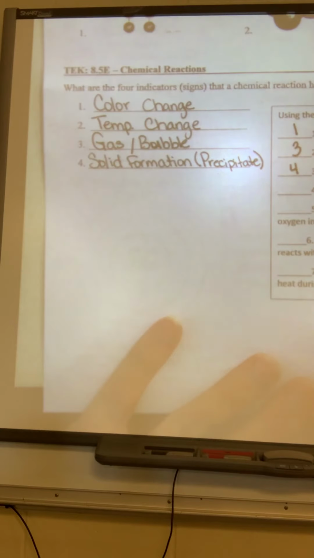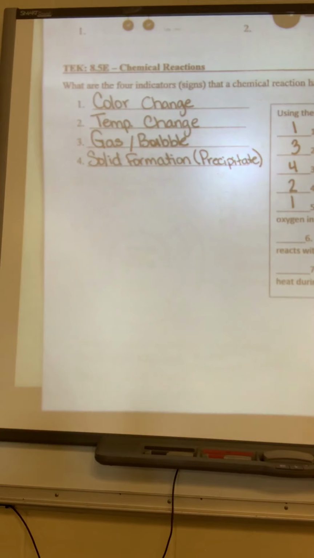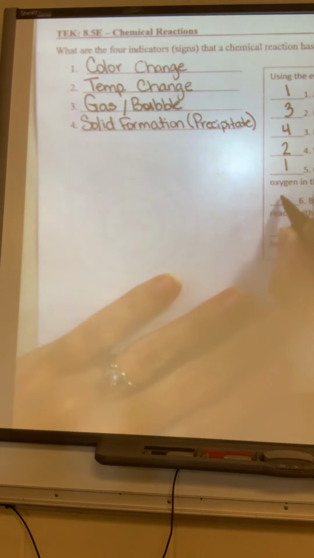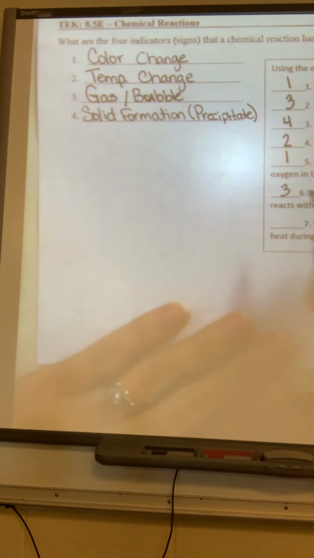Wood burning. 2. Copper metal in the roof turns green after reacting with oxygen in the air. 1. Bread dough rising from bubbles produced when yeast reacts with sugar. 3. And then when sodium and chlorine makes table salt, it releases heat during a reaction. 2.